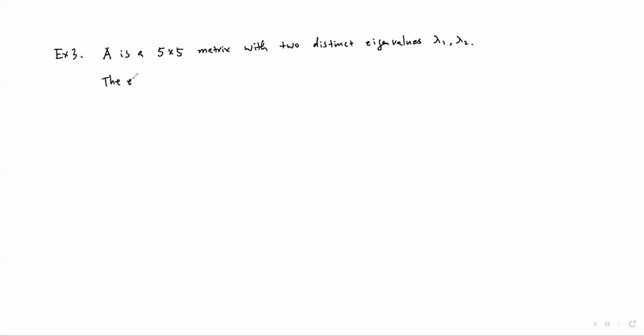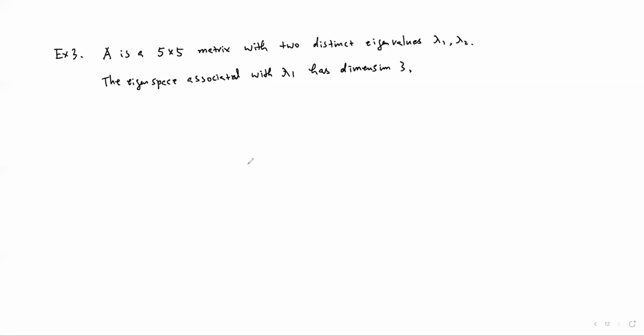The eigenspace associated with eigenvalue λ1 has dimension 3. That means that corresponding to eigenvalue λ1, there are infinitely many eigenvectors, but only 3 linearly independent.